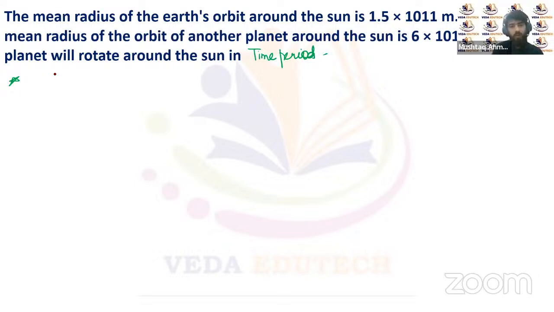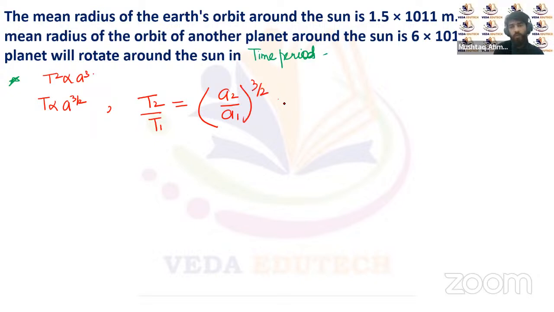Now we know according to Kepler's third law that T square is proportional to A cube, or we can say that T will be proportional to A to the power 3 by 2, right? So if we have to find the ratio between the time periods, T2 upon T1 will be equal to A2 upon A1 whole power 3 by 2.